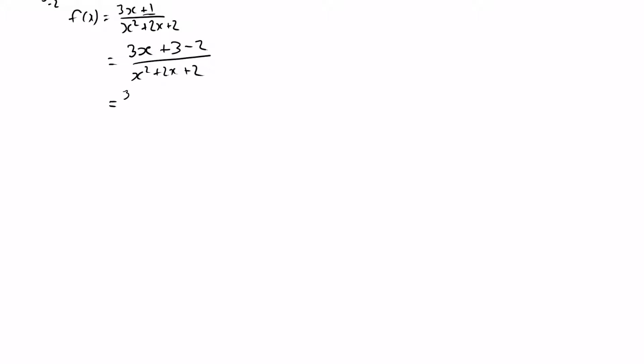We can have 3x plus 3 over x squared plus 2x plus 2, and then we're going to take away two lots of 1 over x squared plus 2x plus 2.